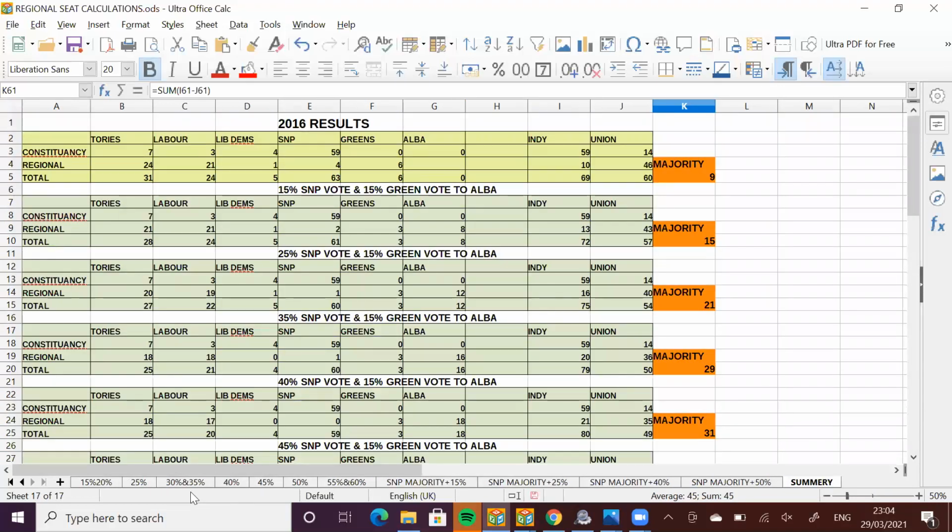So if you look at the summary, in 2016, this was the results. We had a majority of 9. At 15%, we raise that by 6. At 25%, we raise it to 21. We raise it to 29.